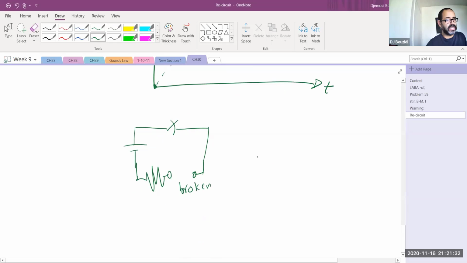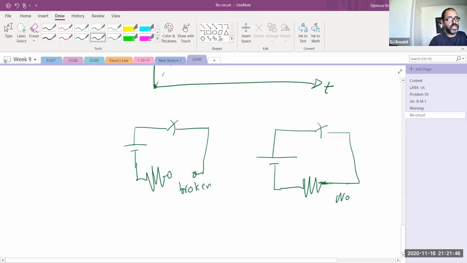So after a long time, this is how the circuit looks like. This is closed, and there is nothing in here, it's just a straight wire.